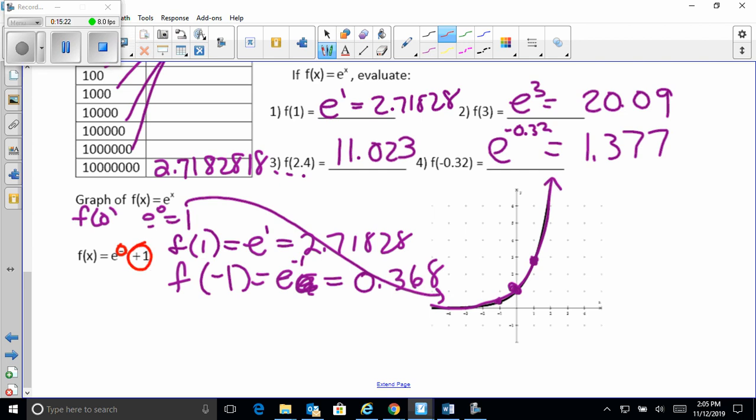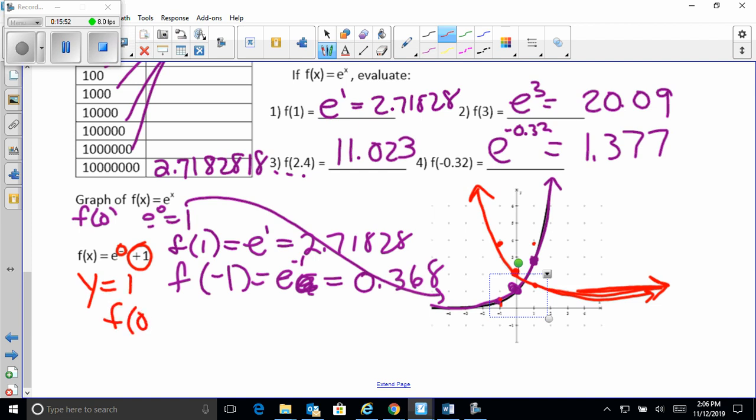So I could just pop this up 1, pop this up 1, oh, but it's on the opposite side because it's a reflection, and pop this up 1, but on the other side because it's a reflection. That is going to have its horizontal asymptote at y equals 1.